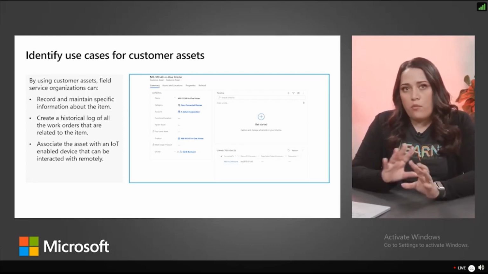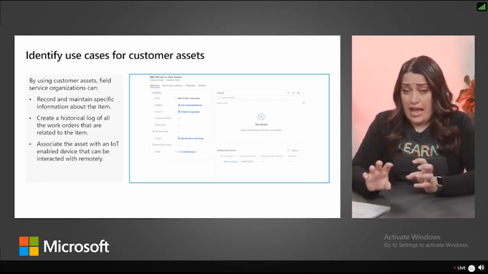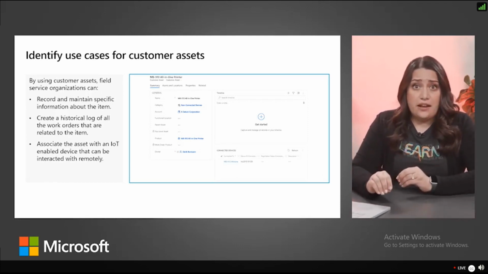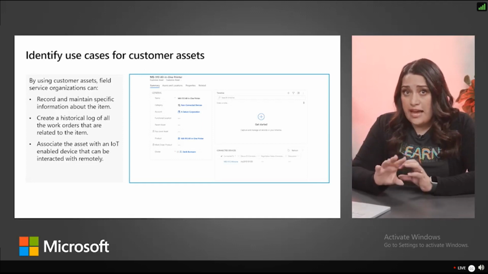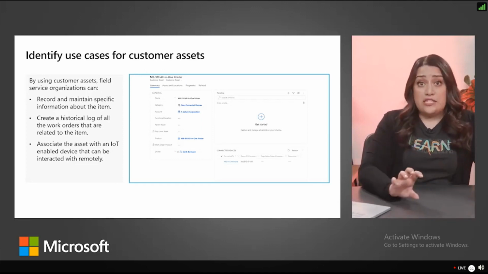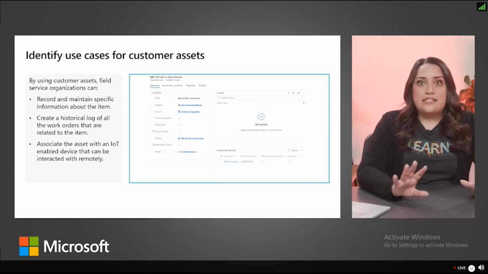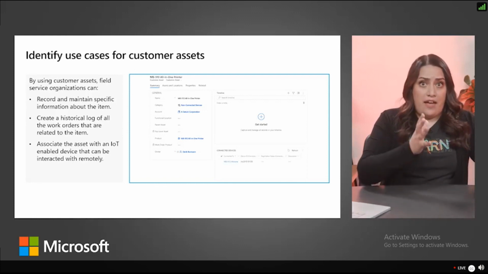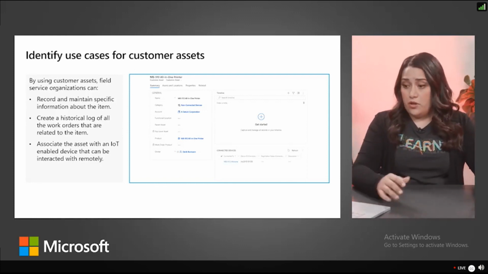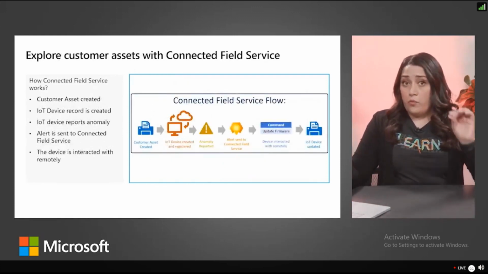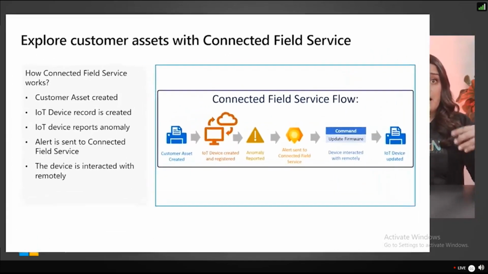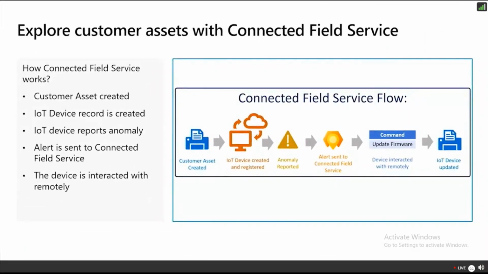In a moment, though, I want to show you how easy it is to create a customer asset, but first I want to discuss how you can keep track of all of your customer assets without necessarily having to be on site with them. That's where Connected Field Service allows your organization to transform the way they provide service.